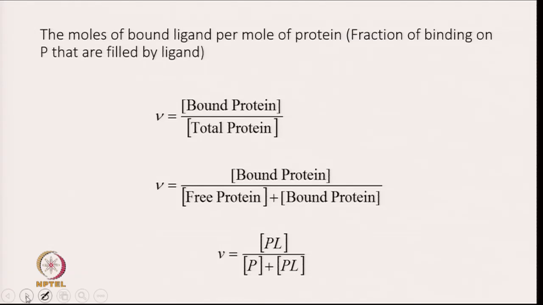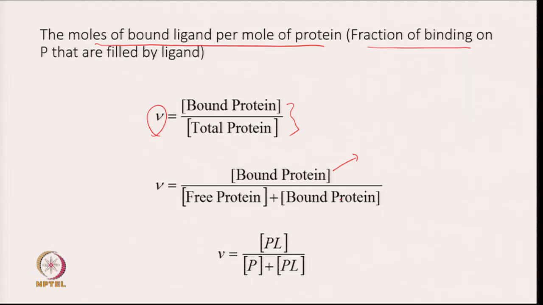Okay. So, to know this Kd value or Ka value, what we need to do first is to calculate the mole of bound ligand per mole of protein, which is given by this nu value, which is basically the fraction of binding sites on P that are filled by ligand. So, nu is bound protein by total protein. So, you see this is a fraction of bound protein, and that can be written as bound protein divided by free protein plus bound protein.